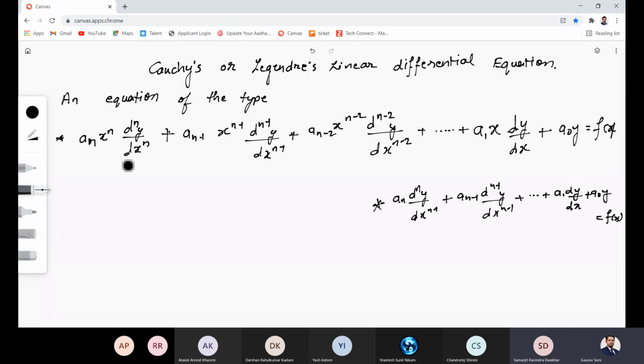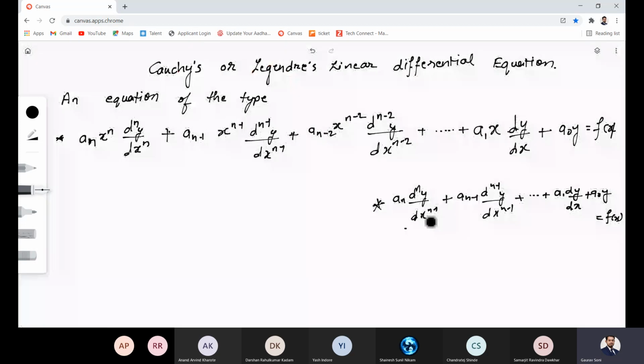So this is a very important difference, because in this, what we were saying was this is a linear differential equation with constant coefficient. What do I mean by coefficient? In d^n y upon dx^n, whatever is with it, this term is called the coefficient.